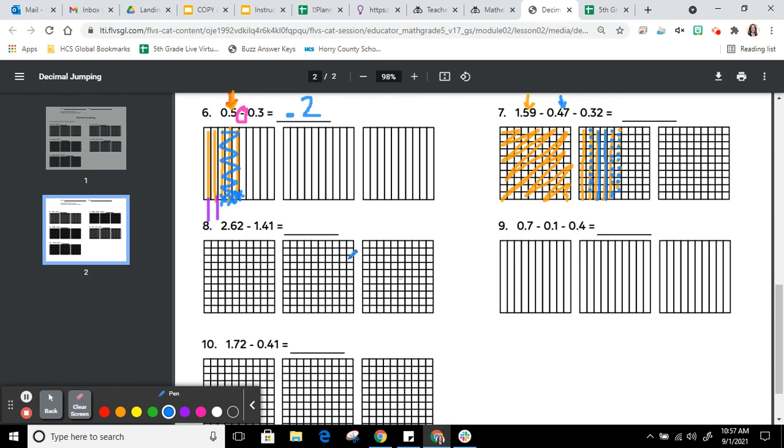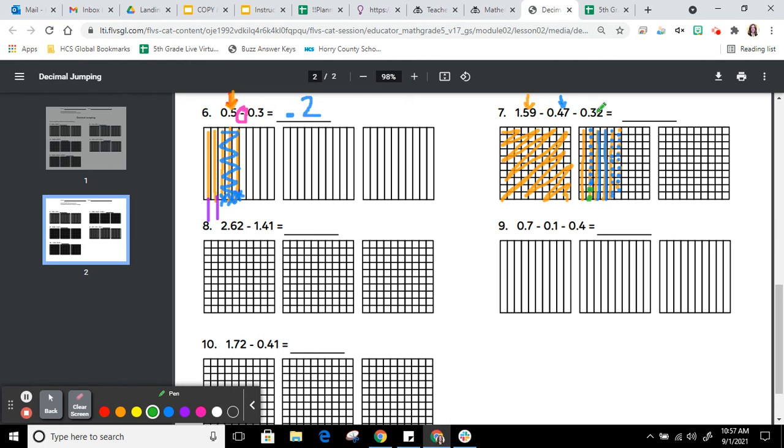Now we're going to take away 32. So this blue one that we shaded, that's going to be our first one. So we need 32. 1, 2. So there's 2 out of the 32. Now I can just do 30 because I just did my 2.